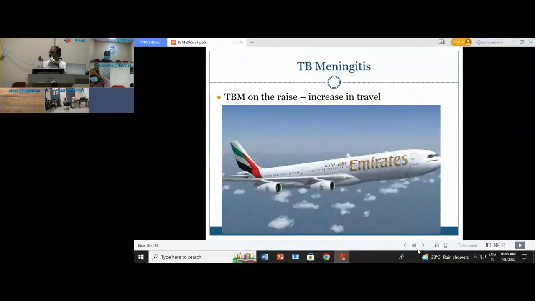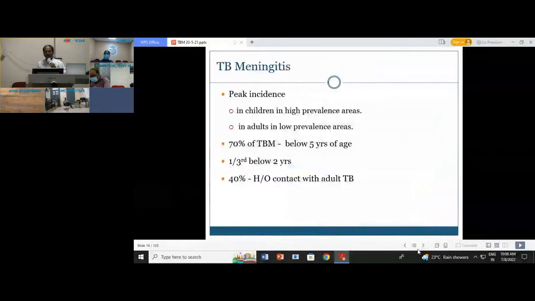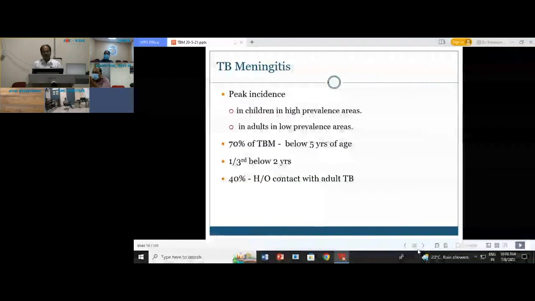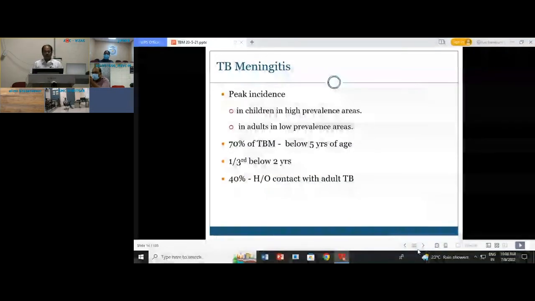Because of increasing travel, the incidence of tuberculosis and TBM rises. The peak incidence occurs in children in high prevalence areas, and in adults in low prevalence areas. 70% of TBM occurs below 5 years of age, very important for pediatrics, and one third below 2 years.